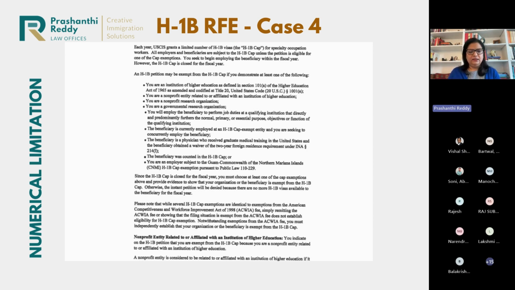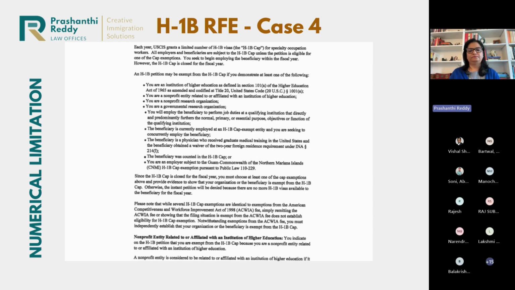So the end client is CAP exempt because they are a hospital, and they are a nonprofit organization related to an institution of higher education. They are related to the University of North Carolina. So it was a multi-prong RFE where we had to prove many things.